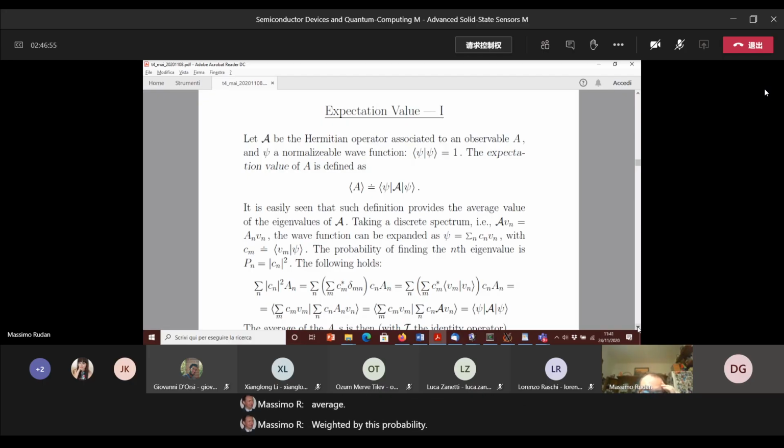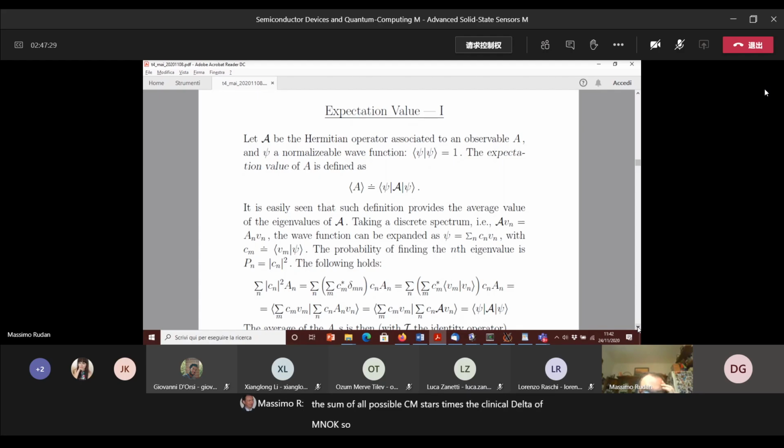Then we play some trick, because we write Cn squared in a fancy way. We write Cn squared as Cn times Cn star. And Cn star is also written, as you see in the parentheses, as the sum of all possible Cm stars times the Kronecker delta of m and n.